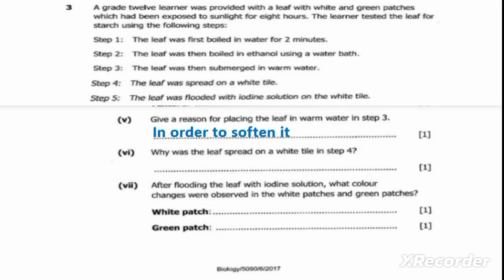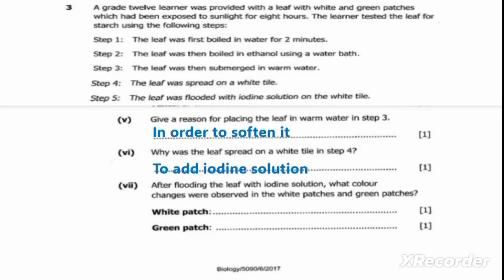Remember the leaf is coming from alcohol and the leaf has become hard after being boiled in alcohol. So now we need to soften the leaf. Question 3A, Roman numeral 6. Why was the leaf spread on a white towel in step 4? So it was spread on a white towel so that we can add iodine solution.